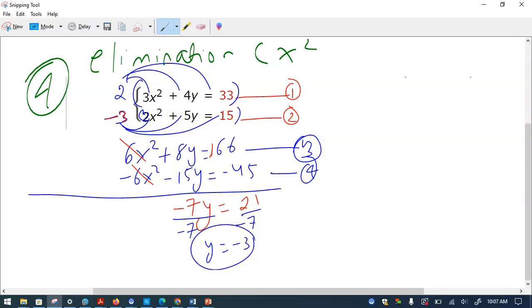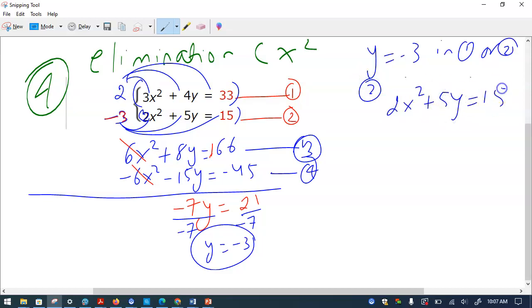Now you can plug in this y equals minus 3. So you can plug in either 1 or 2. So I'm going to use 2 because 2 has a little smaller number, doesn't matter. And this y equals minus 3, plug in here.